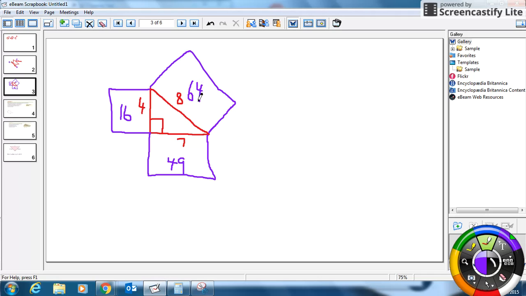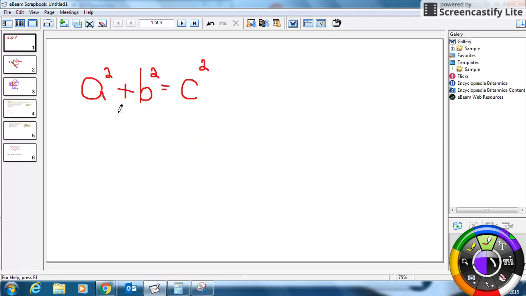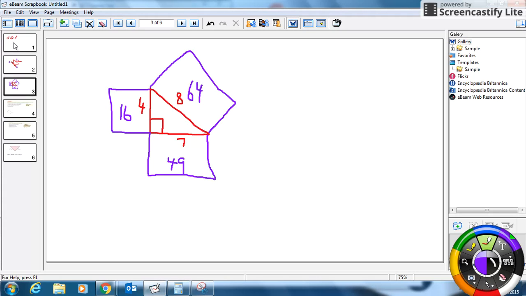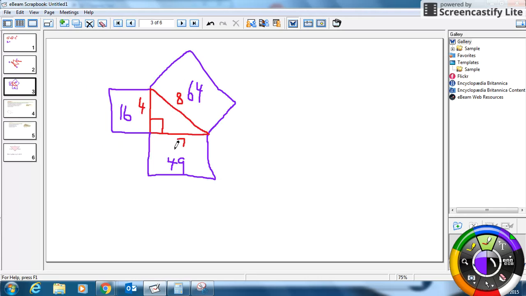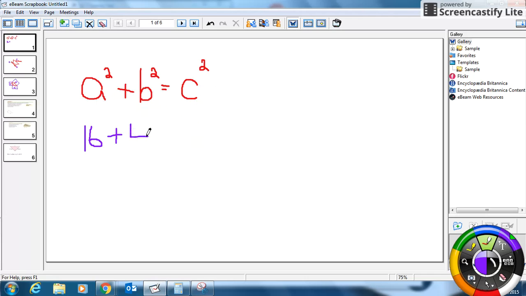So using Pythagorean's theorem, he's saying if you take the square of A, in this case 16, so let's just do it right here. He's saying if we take the square of A and we add it to the square of B, remember little 2 is another way of saying squared. If we take the square of B, in this case right here, 49, if we add 16 to 49, it should equal whatever the square is off here.